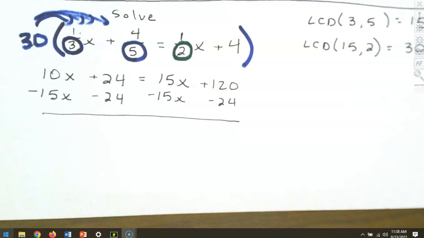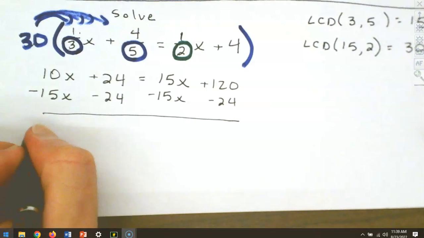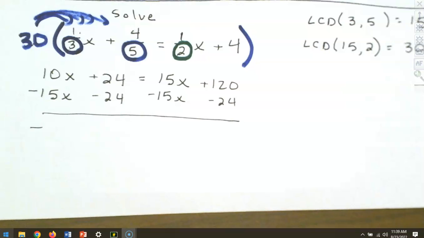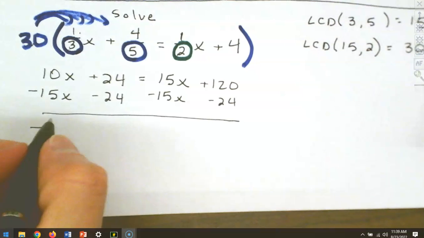And 10 minus 15. Now watch your signs. A lot of times where students make mistakes is you get in a hurry. Watch your signs here. 10x minus 15x. 15 is the bigger number. It's negative, so my answer is going to be negative. And 15 minus 10 is a 5.